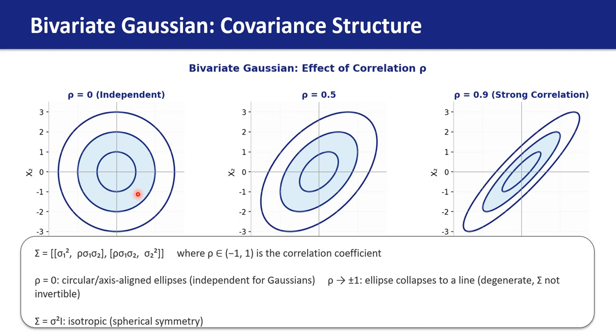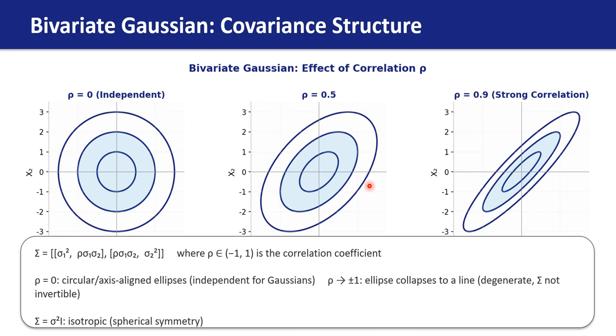As rho gets closer to 1 or -1, the ellipse becomes thinner and longer. In these two figures, the variables become more dependent when rho approaches 1. The ellipse collapses to a line. The distribution becomes flat. The covariance matrix is no longer invertible.